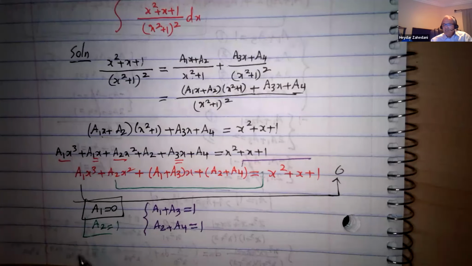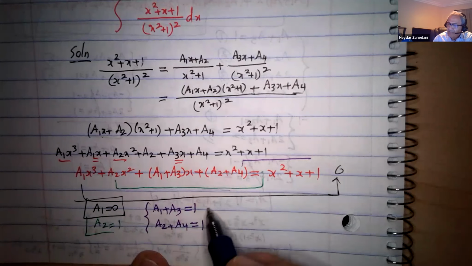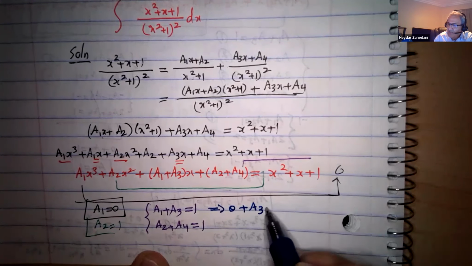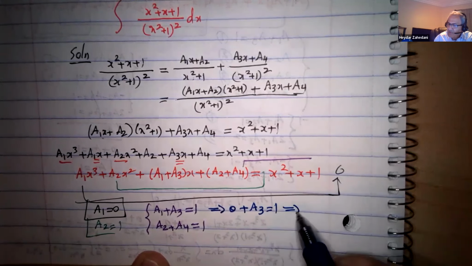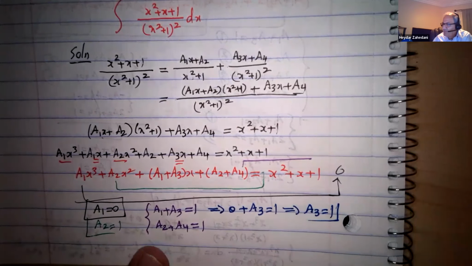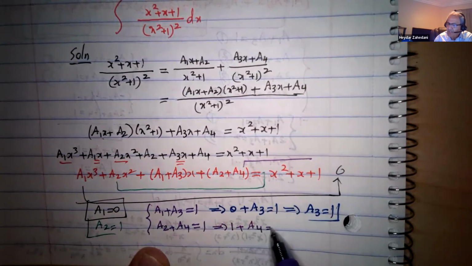So we get a1 is 0, a2 is 1, and these 2 equations. And now if you put the a1 here, that gives 0 plus a3 equal to 1. So that gives a3 equal to 1. And if you put the a2 here, the a2 is 1, so 1 plus a4 equal to 1.